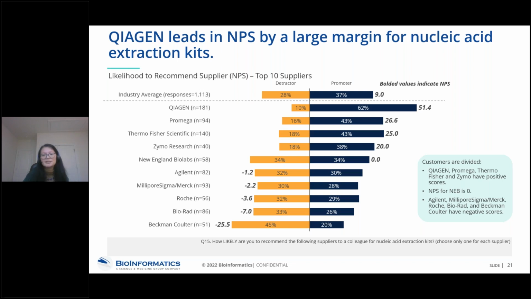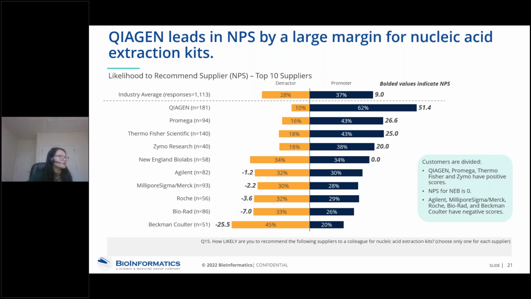For today, we're going to deep dive into NPS, and here we'll show it for all 20 suppliers. It's a classic metric. How likely are you to recommend this supplier to a colleague? And respondents were able to evaluate this on an 11-point scale for each individual supplier.